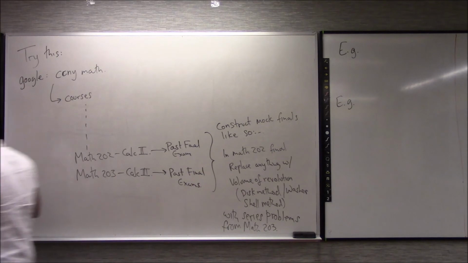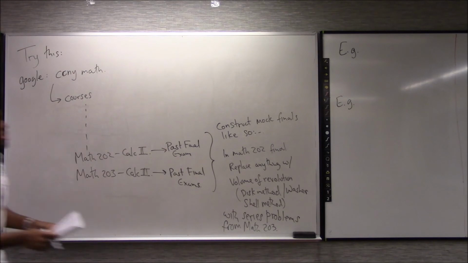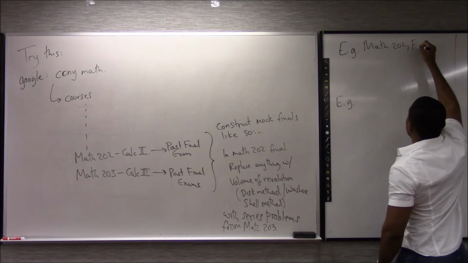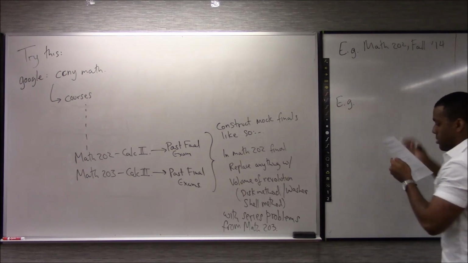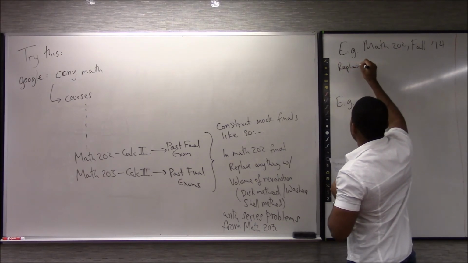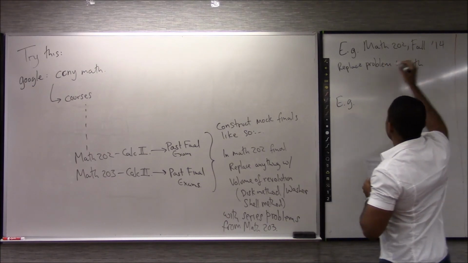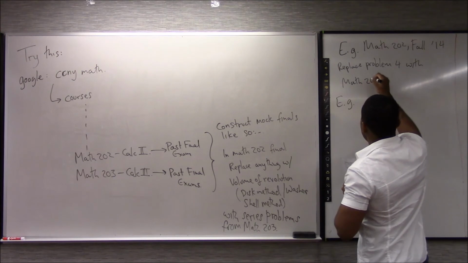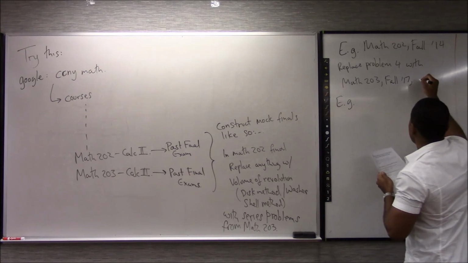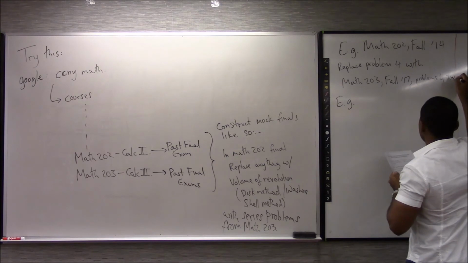A couple examples of this: you can go to Math 202, fall 2014, and then replace problem 4 with Math 203, fall 2017, problems 6 and 7, 8.